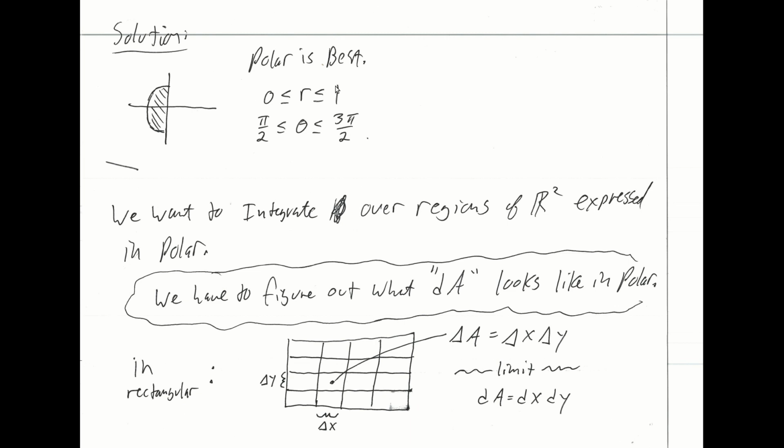If all I gave you is the top line here, that would be a characterization of the unit disk centered at the origin. Instead, I'm specifying that we only want a portion of that disk, as I'm telling you that we only want the theta values from pi over 2 to 3 pi over 2. So theta is starting here at pi over 2. My windshield wiper blade is beginning in the fully vertical position, and it's actually going to rotate around this way until it reaches the negative y-axis here.